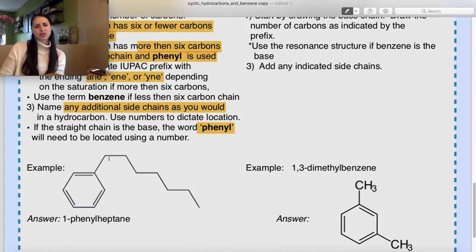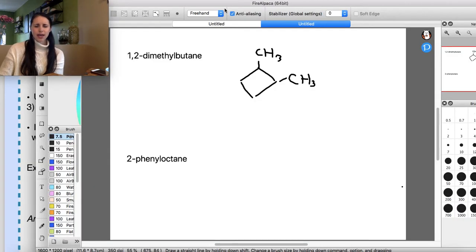The 7 in the straight chain outnumbers the 6 carbons that are in benzene, so we're going to call this heptane. Hept for 7, ane for the fact that they're all attached by single bonds. Since benzene is a side chain, we're going to call it phenyl. And what carbon is it coming off of? It's coming off of carbon 1. So 1-phenylheptane.